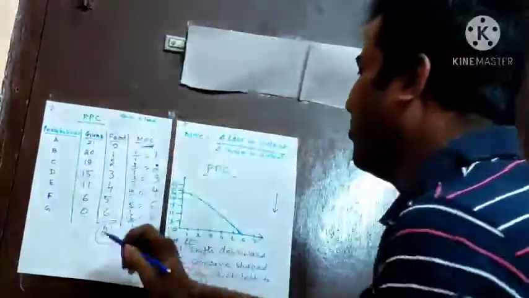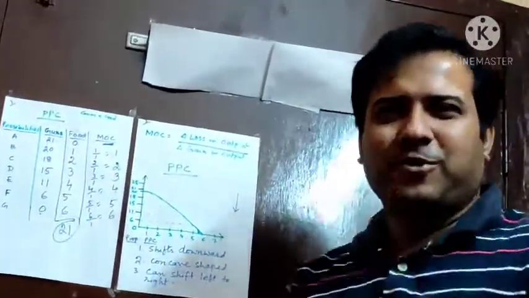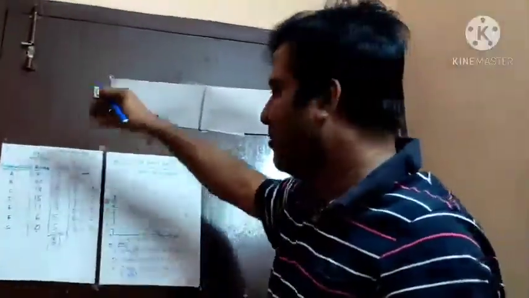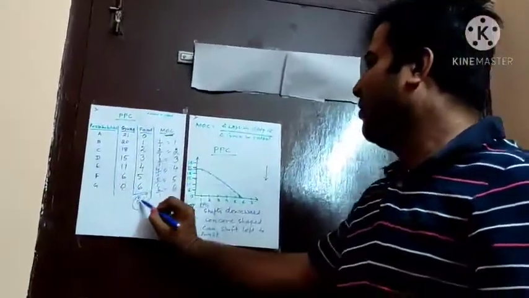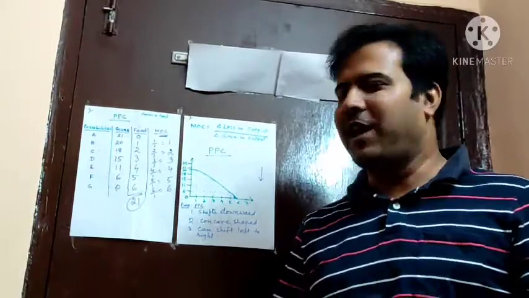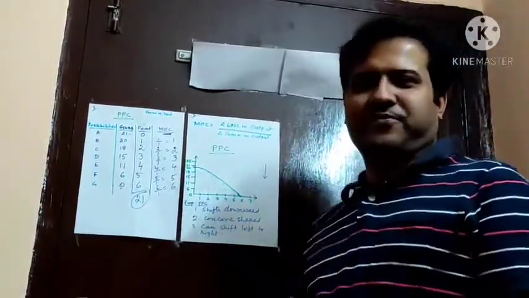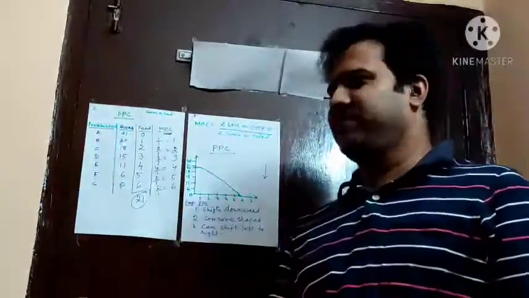I have put the entire 21 crore population in producing food. Hence, how many are producing guns? 0. When 21 were producing guns, food was produced by 0. Now here it is 21, here it is 0. The marginal opportunity cost over here is 6. 1, 2, 3, 4, 5, 6.